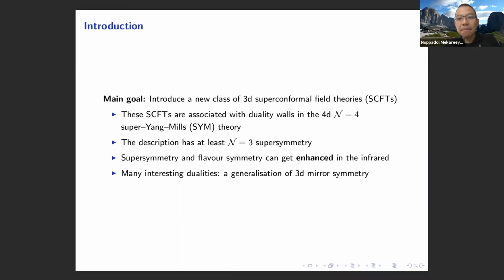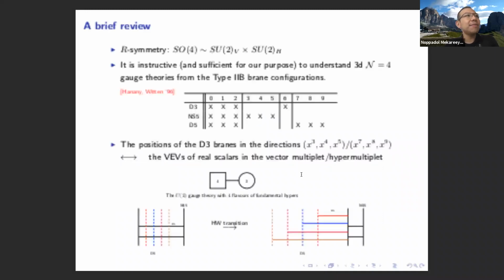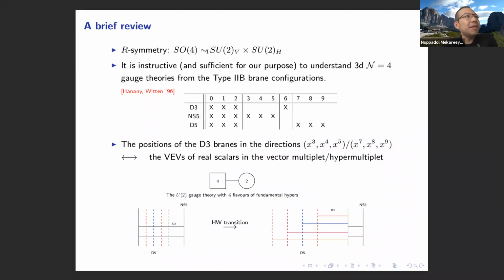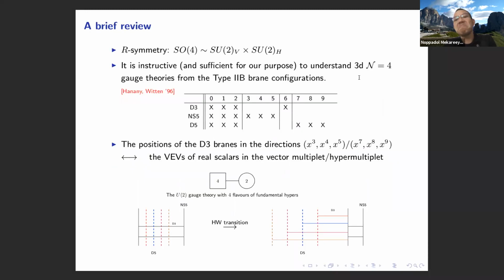Okay, thanks. Let me give a brief review of 3D N equal to 4 gauge theories. This theory in general has SO4 R-symmetry, which you can call SU2 V and SU2 H. One way to view this 3D N equal to 4 gauge theory is to use a type IIB brane setup, which is sufficient for our purpose for the moment.